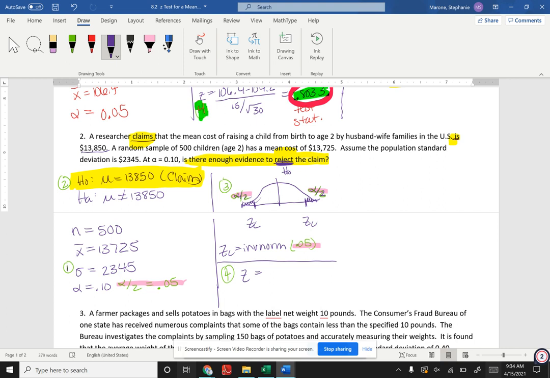The critical value is Z sub C. The test stat is just Z. So it's the sample mean minus the population mean over the population standard deviation divided by the square root of the sample size. So you can do all that and you get negative 1.19.